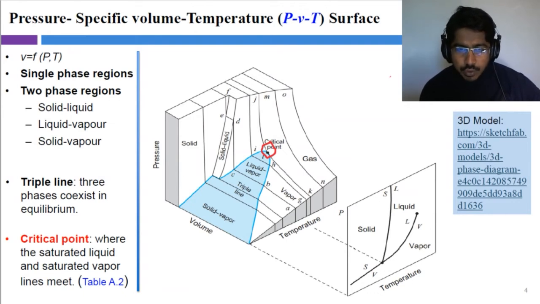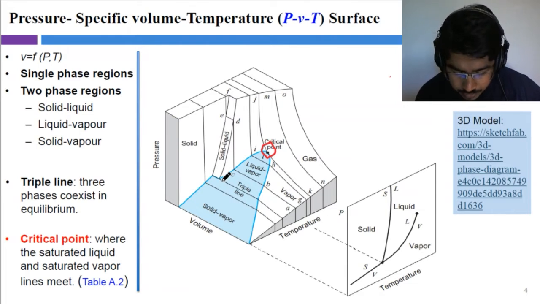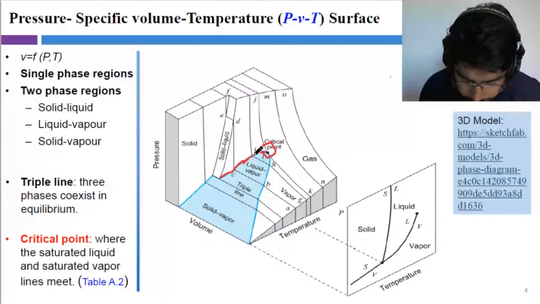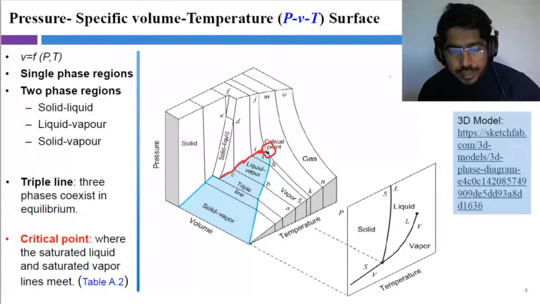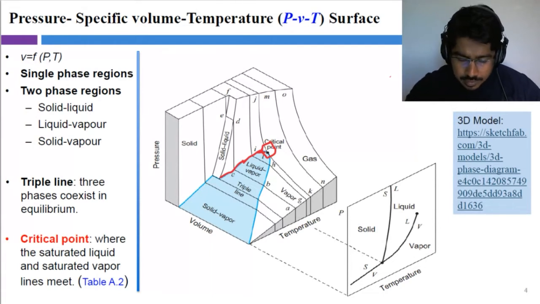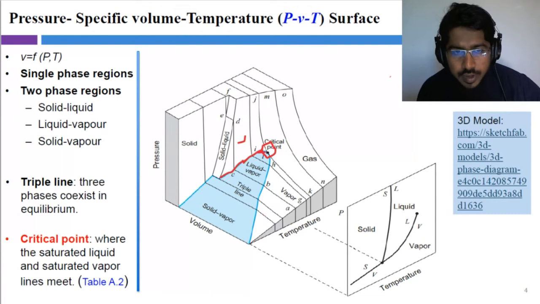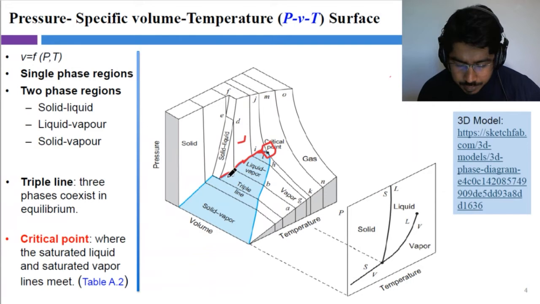To understand it, we need to see that there's a boundary line here to the dome, right? It separates the liquid region from the liquid and vapor region. This is the separation line, the red one.